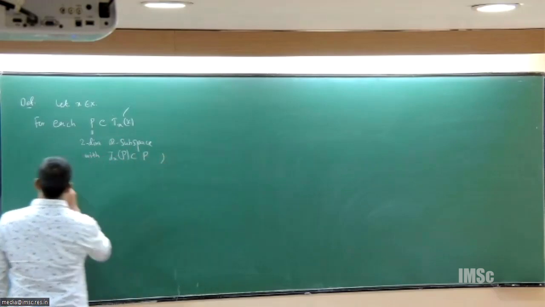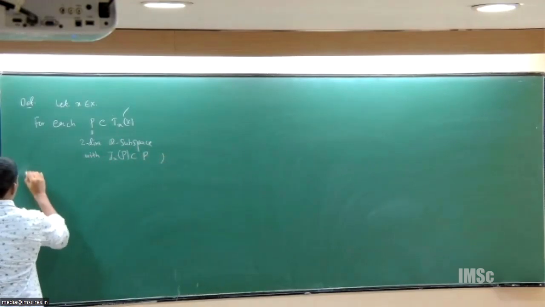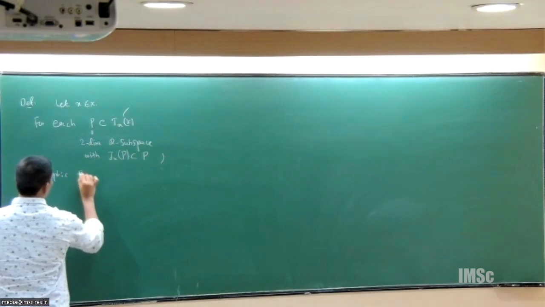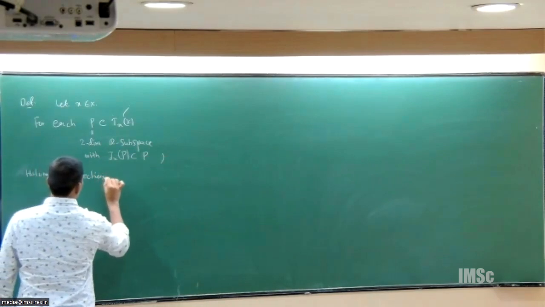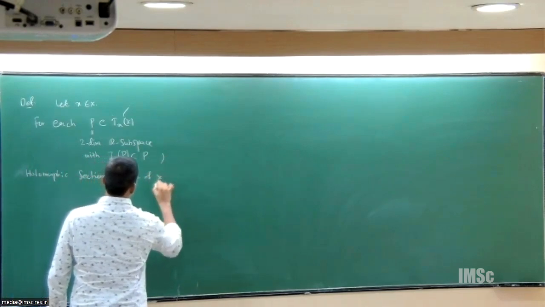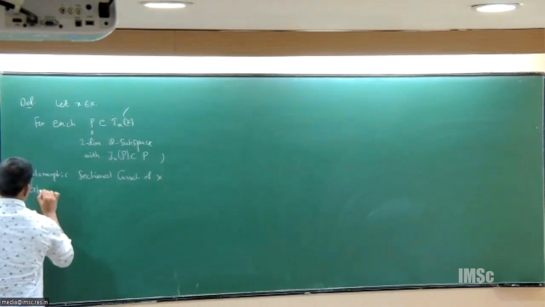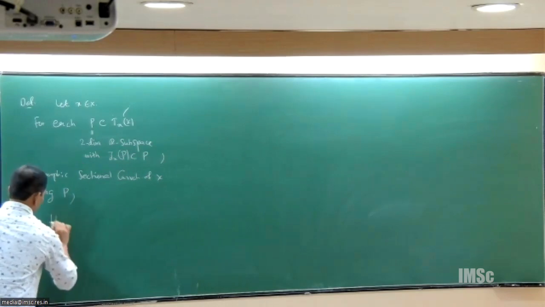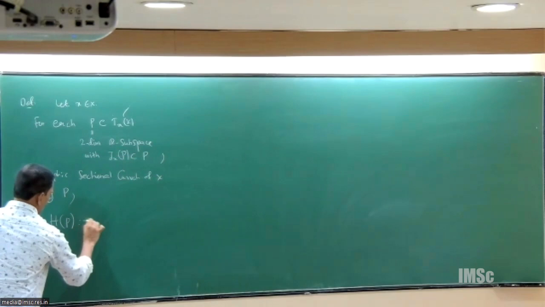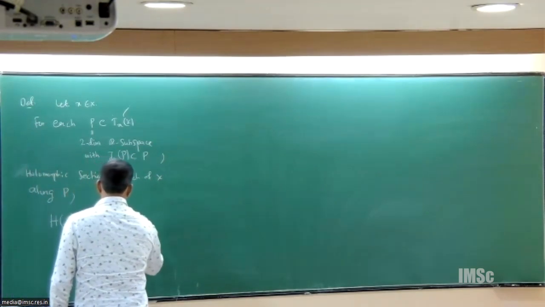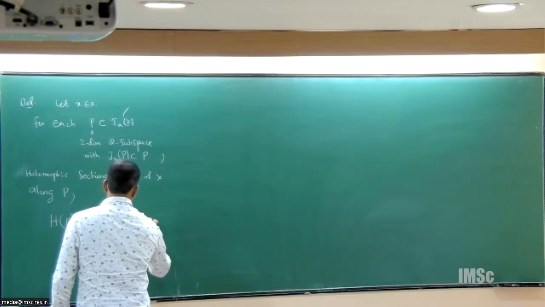So we define the holomorphic sectional curvature of x along P as follows: H of P equals g of R of u, Ju, Ju, u.